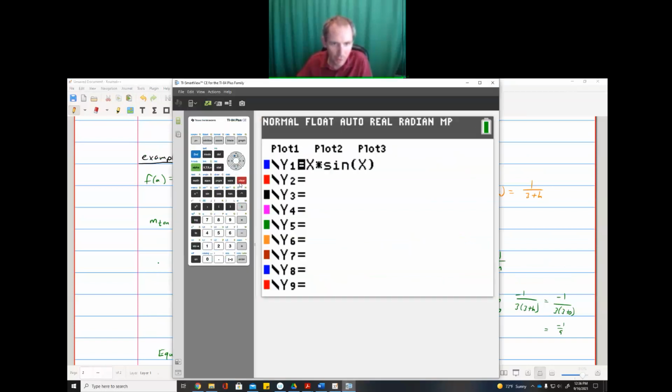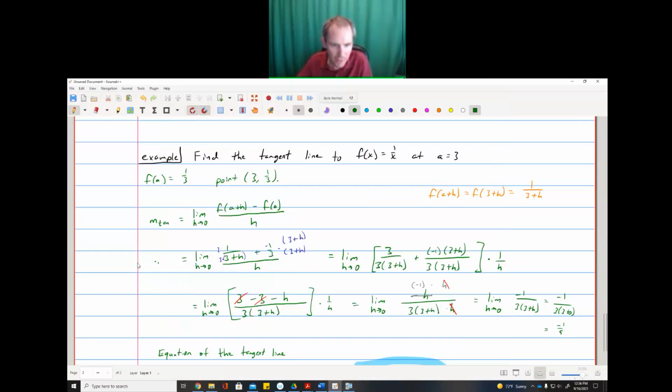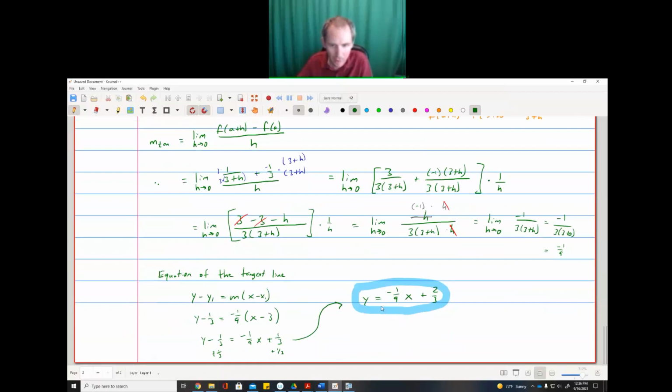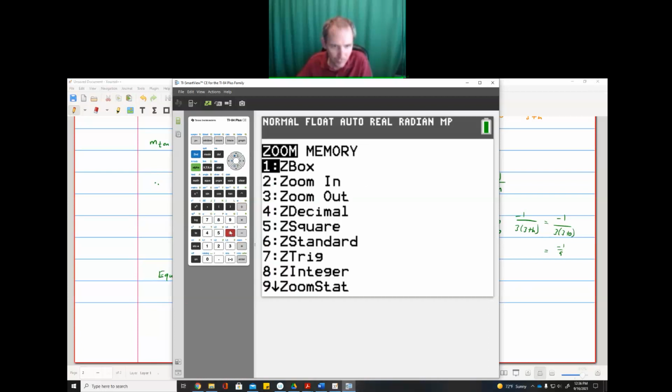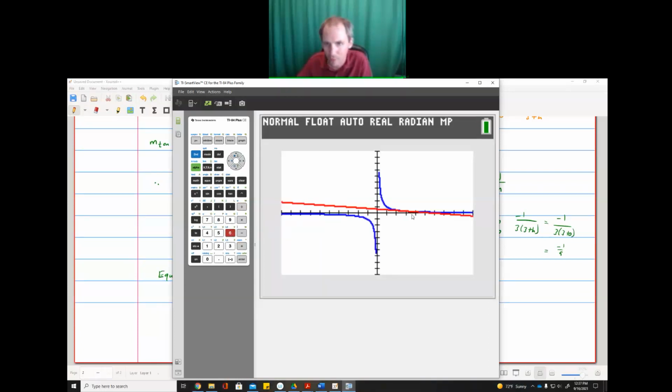So if I graph y equals 1 over x, and that's in blue, and then I'm going to graph the equation of my tangent line here in red, y equals negative 1/9 x plus 2/3. Okay, and we can see in blue there's our graph, and in red there's our tangent line.